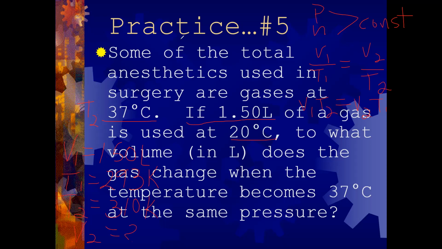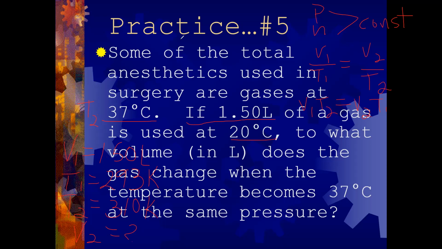Okay, so here we go. We need to substitute over here. So V1 is 1.5, and we're going to multiply it times T2, which is 310, and then divide it by T1, which is 293.